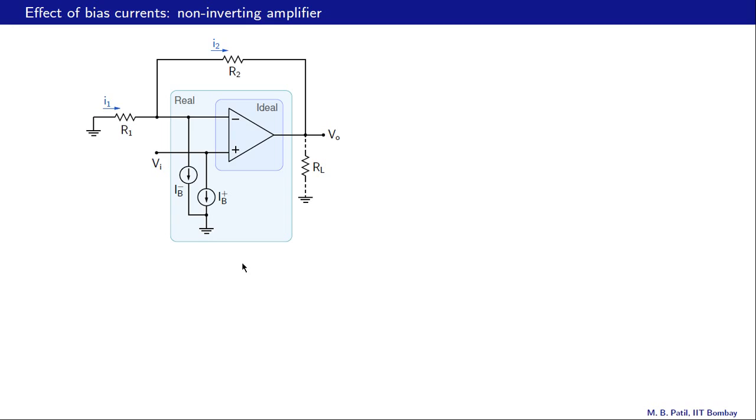Let us now look at the effect of bias currents on a non-inverting amplifier. To begin with, we replace the op-amp with this model, which includes the bias currents. And we will assume that the op-amp is ideal in other respects, including VOS equal to 0.